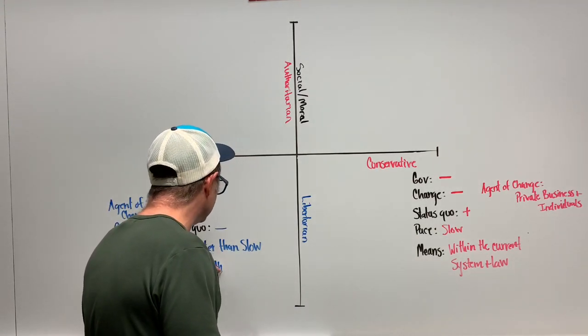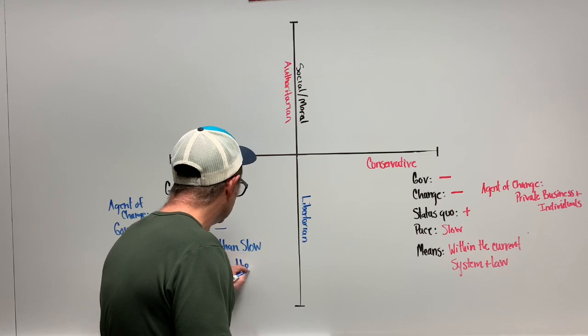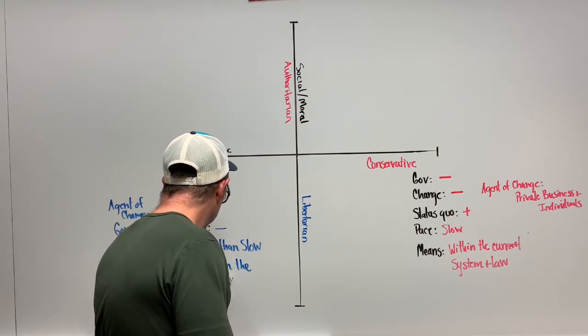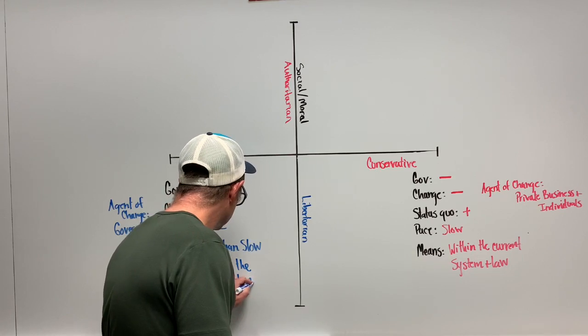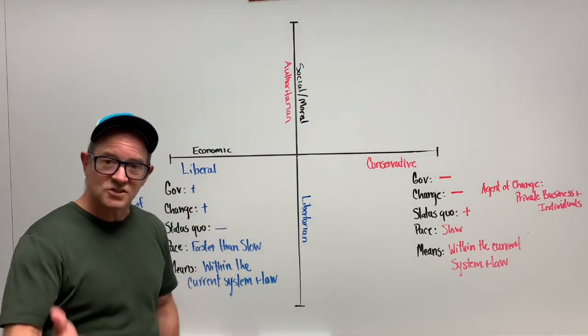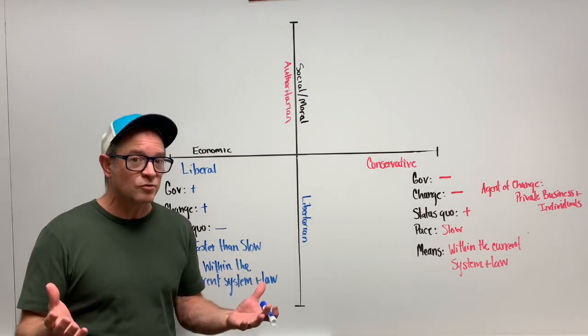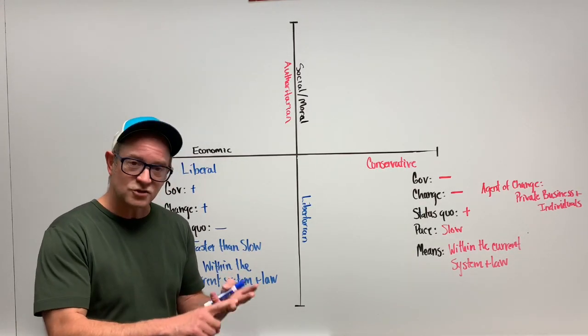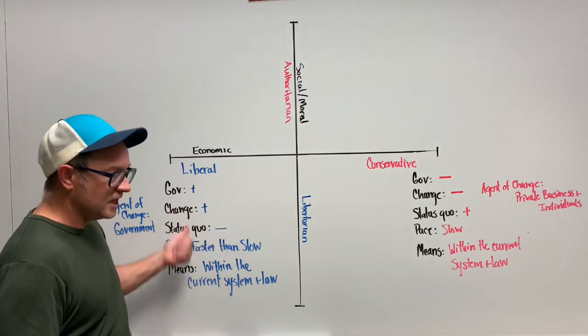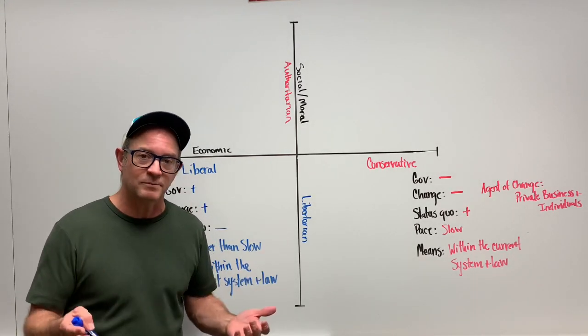So I'll just write that up here. Liberals are basically saying that the government system we've created, our federal presidential republic, is a good enough tool to see the change happen that they want to have happen.